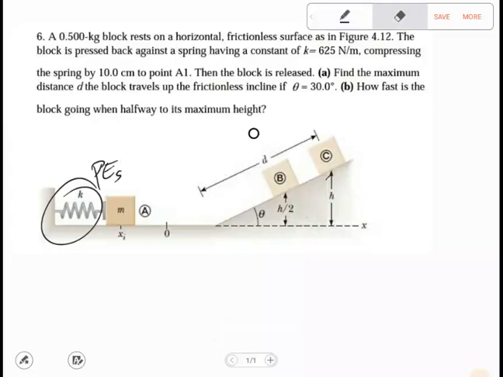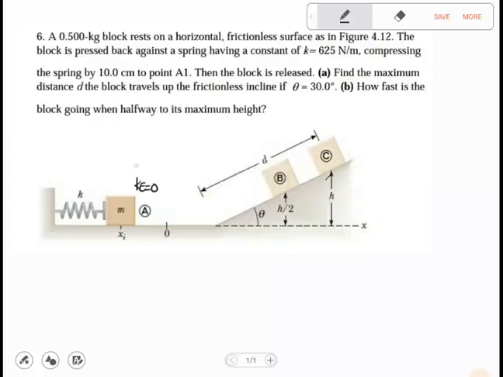So let's go. The first thing that you need to know for part A is that this block here is at first at rest. Take note, at point A here, it is at rest. That means kinetic energy at this particular point is 0.